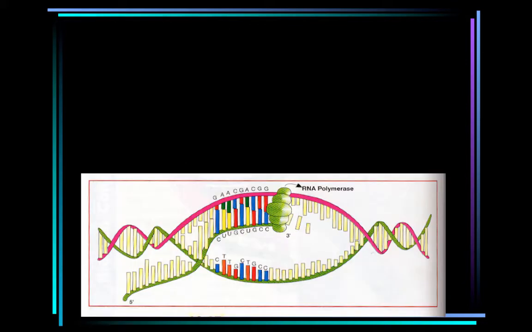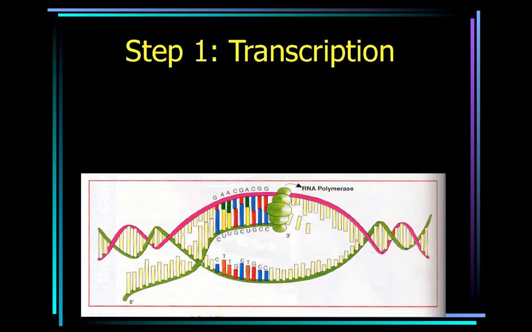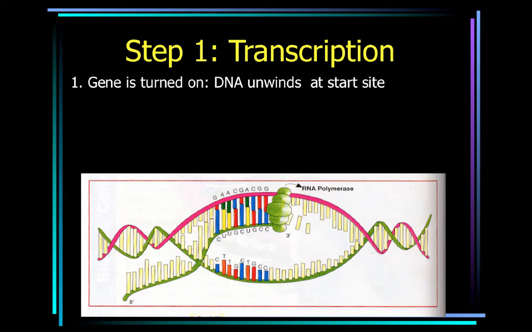Okay, so just to set this up a little bit, what we've got here is our DNA in a double helix strand, and a portion of DNA is going to be activated, and that's what we really start to call a gene or a loci. The first part of that activation process is transcription, and the first step is the gene is going to be turned on.